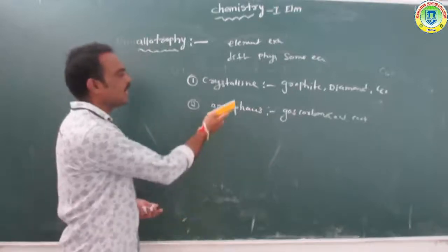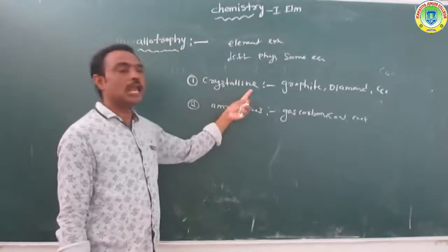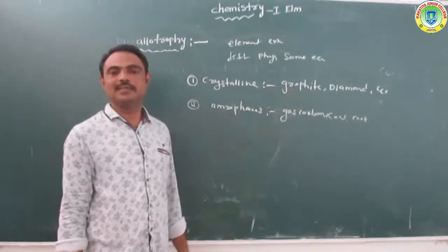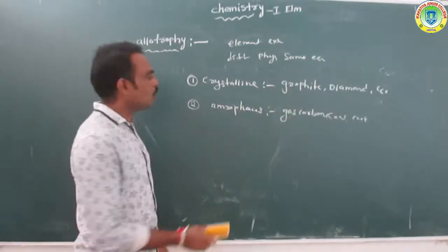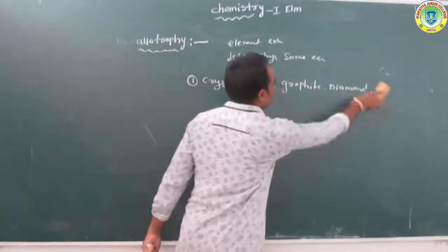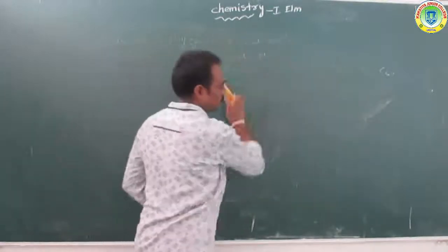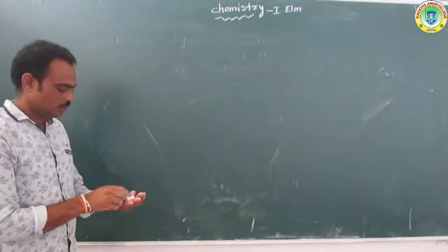Okay, next we will discuss crystalline allotropy of carbon, which compounds? Graphite, diamond, C60. Okay, now about diamond.